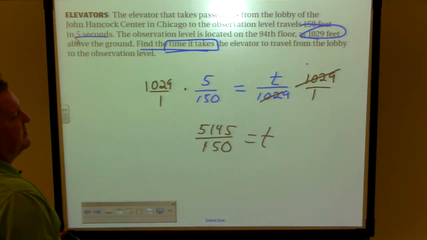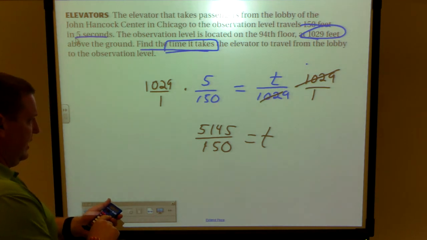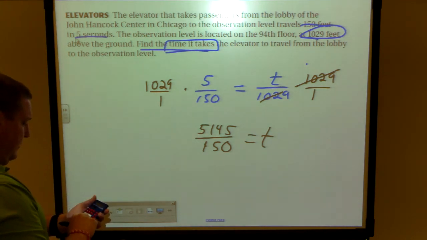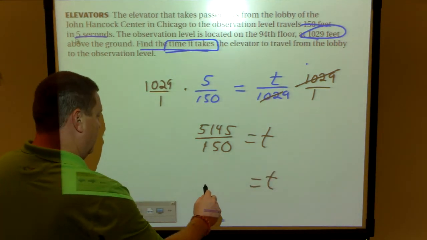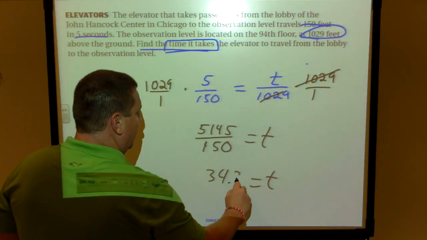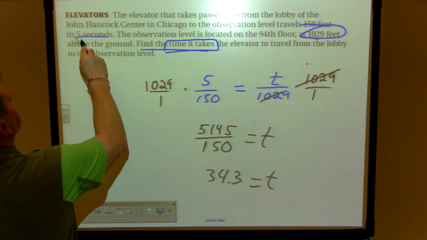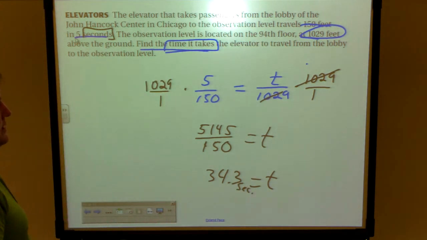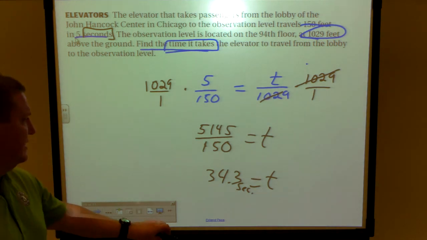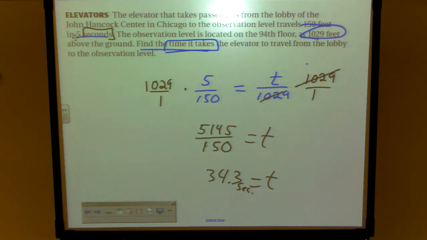And then I'm just going to divide those out to get my actual time value. So go ahead and take 5145 and divide it by 150. And the time value comes out to 34.3. I think it was in seconds. Yes, it was in seconds. So it takes 34.3 seconds to get to the top of the observation level from the lobby at a rate of 150 feet per 5 seconds.